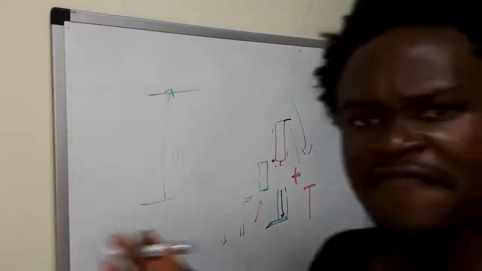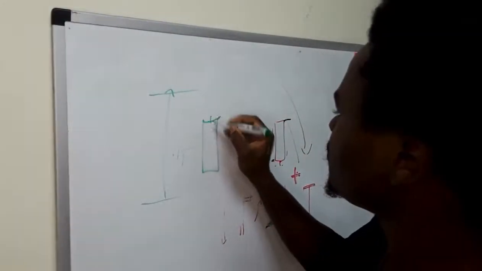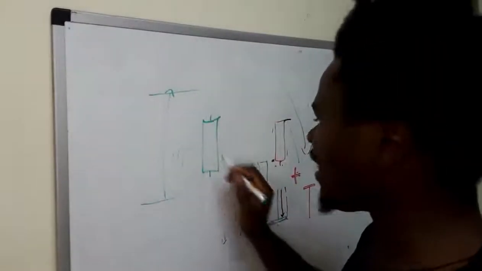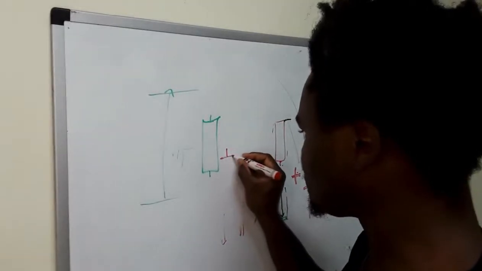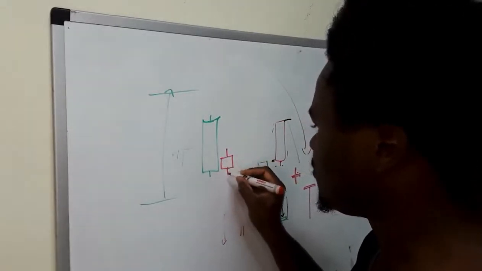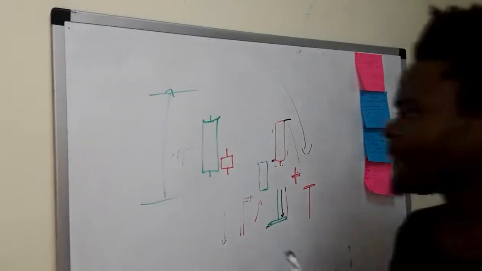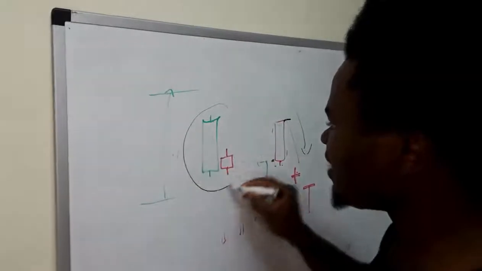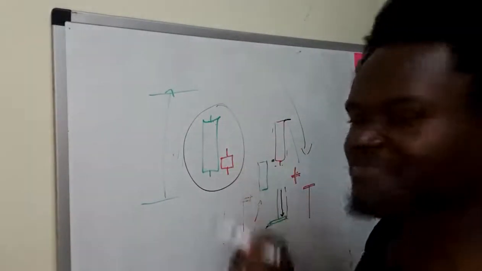So in our next lesson, we will be looking at how two or more candlesticks can mean something totally different. For example, if we're having a bullish candlestick like this one, and the next candle after this is a bearish spinning top like this, this forms a pattern which we'll call a bearish engulfing pattern.